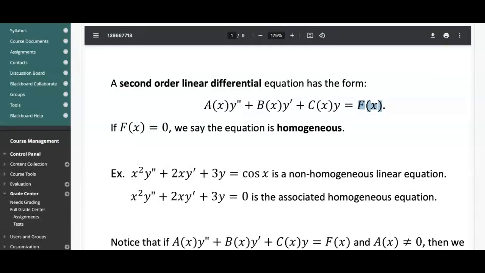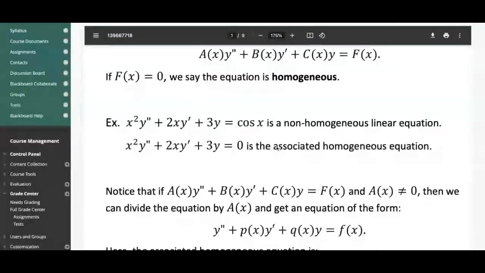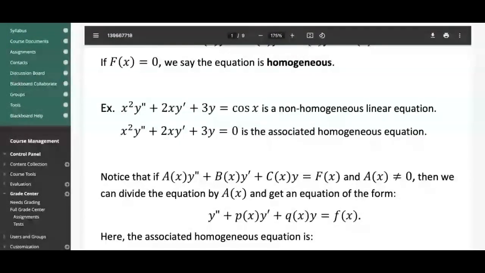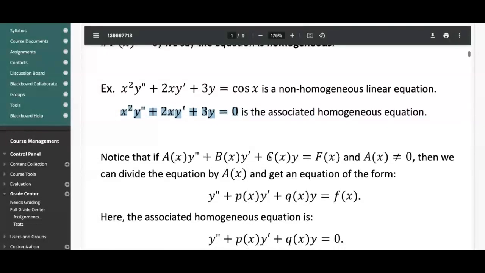So if this is 0, we know how to solve the differential equations, right? Let's say these are examples. If this equals cosine x, not 0, then this is non-homogeneous. And this one equals 0, which is a homogeneous equation.